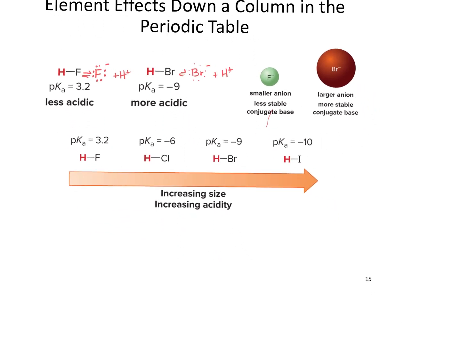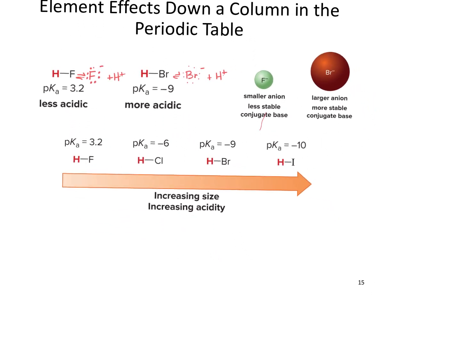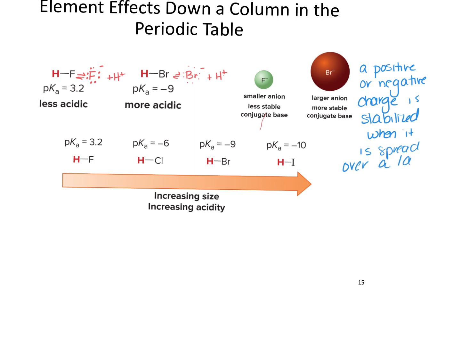And so what we can conclude from this is that a positive or negative charge is stabilized when it is spread over a large volume, right? And so as we go down a column of the periodic table, size determines the acidity.